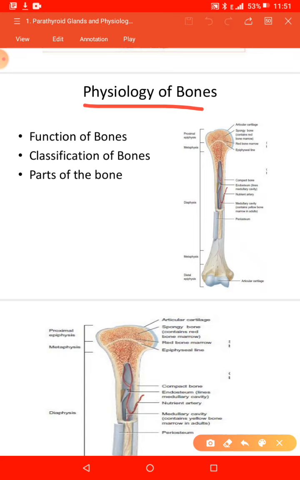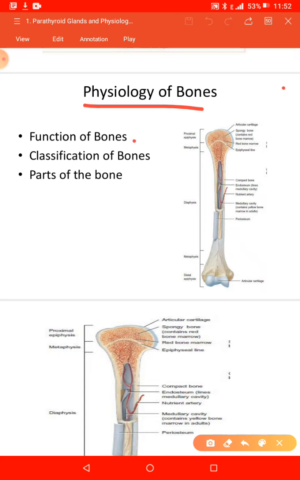But also you need to know that throughout life, the bone is continuously being renewed by the process of bone formation and bone resorption. This one we call remodeling, a very important physiological principle. So what are the functions of the bones?